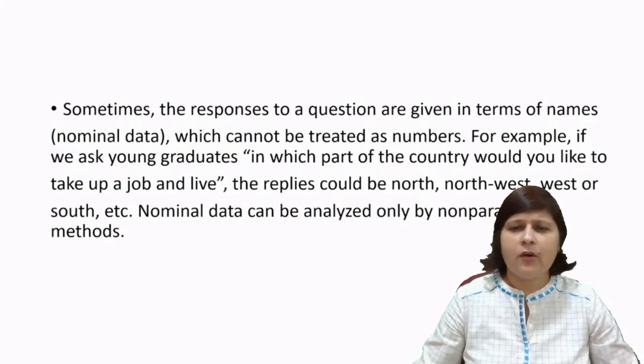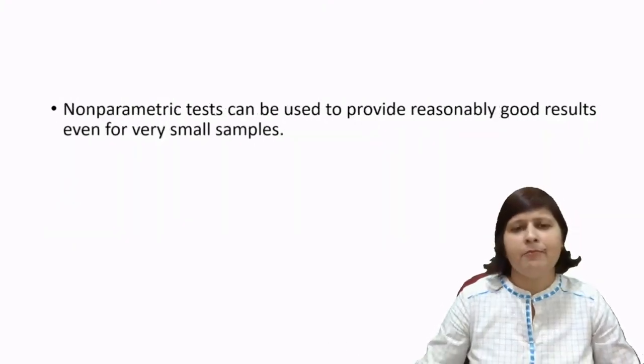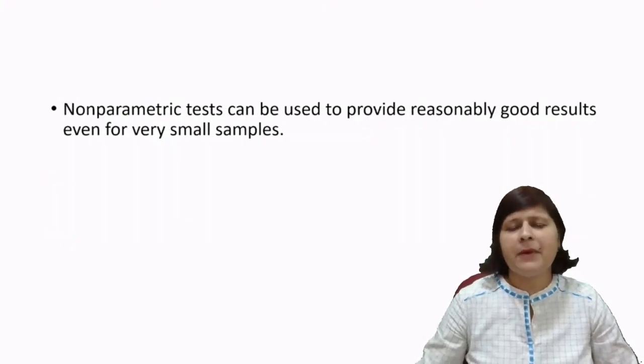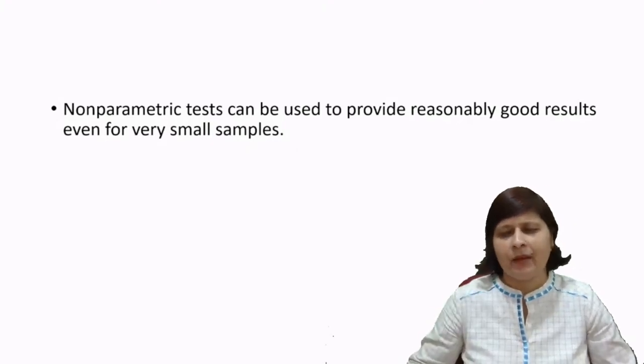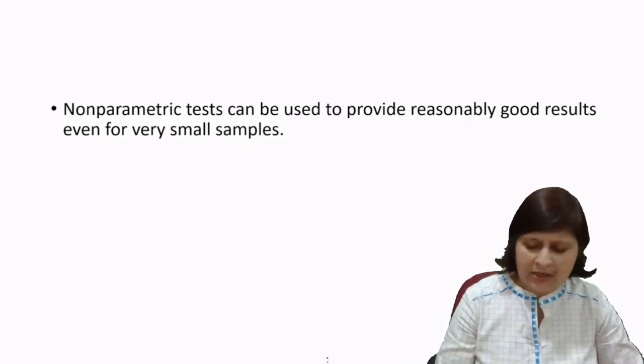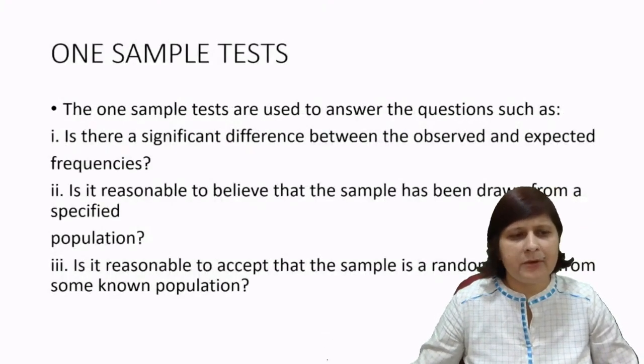You cannot carry out a parametric test on nominal data. Non-parametric tests provide reasonably good results even with very small samples. If your sample size is very small, you can still carry out a non-parametric test.